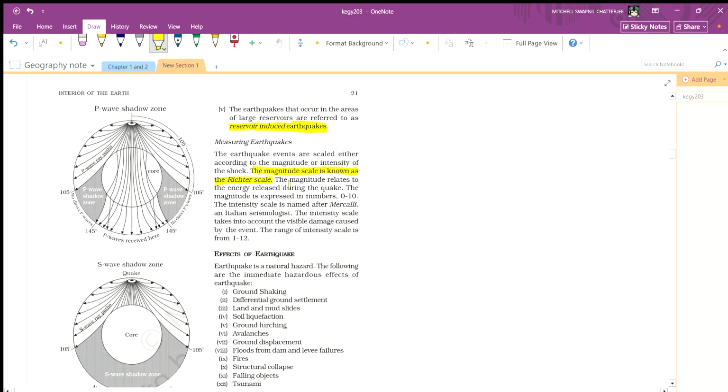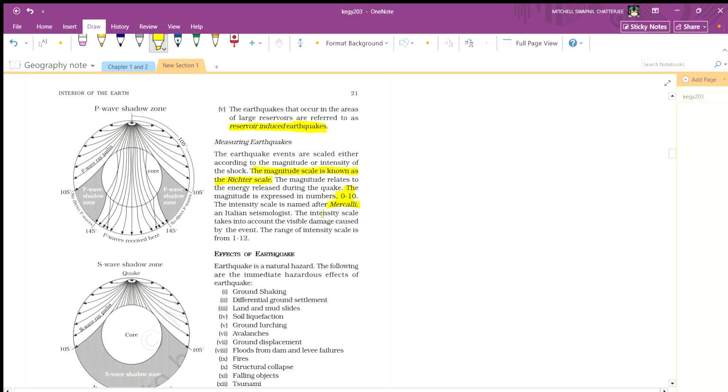The magnitude relates to the energy released during the earthquake. The magnitude is expressed in numbers from 0 to 10. The intensity scale is named after Mercalli, an Italian seismologist.